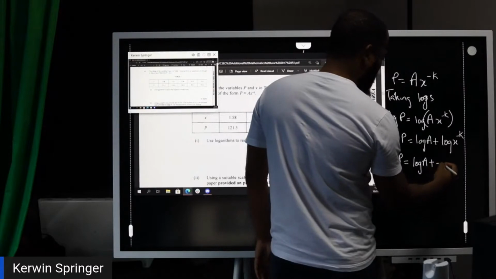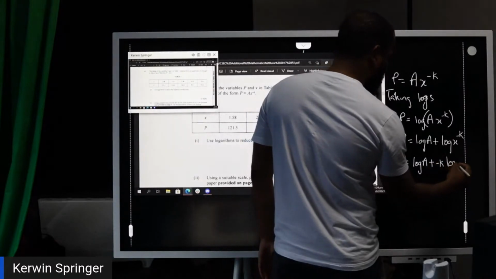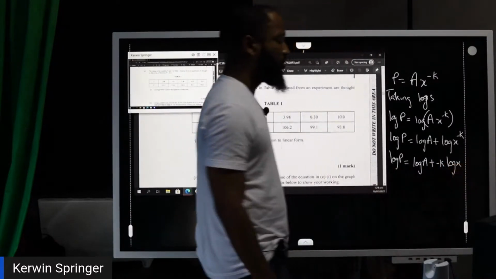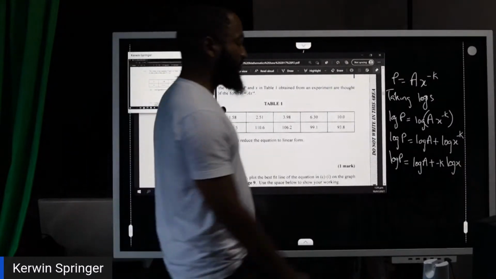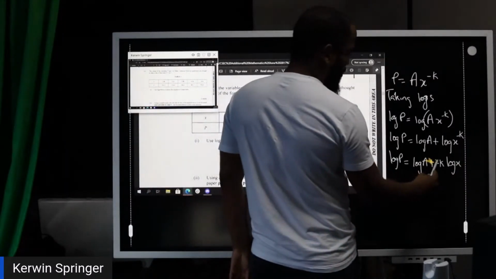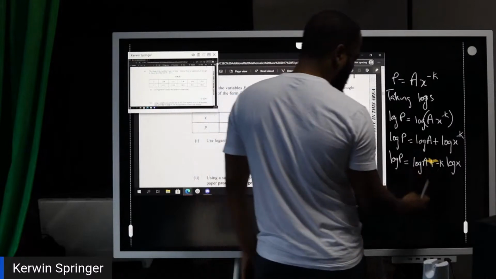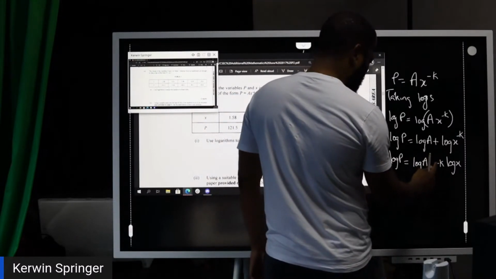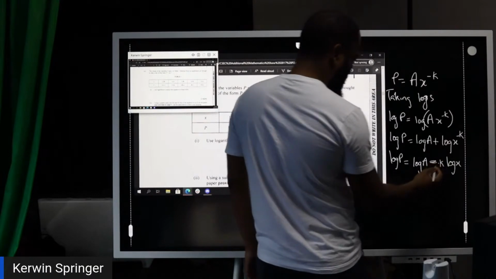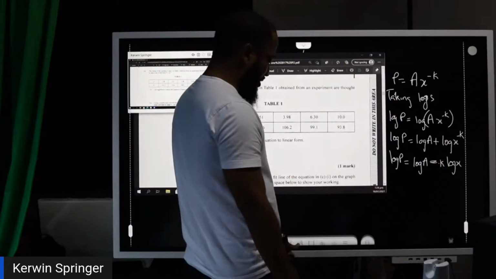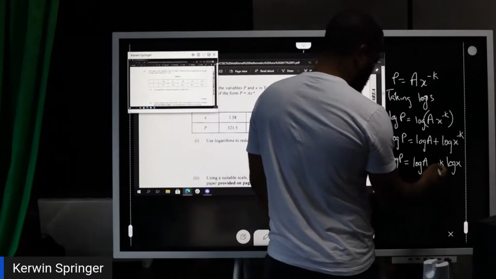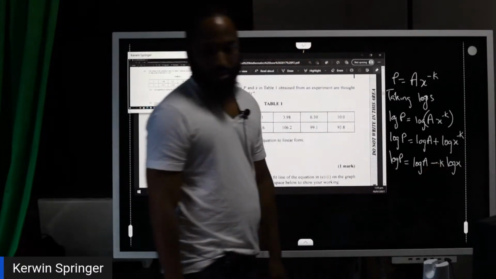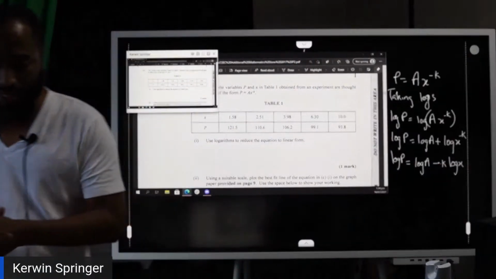I think they like to call this the power law. There you go. And because you have a plus and a minus, we could organize that and just put minus there. Minus, right? Tell me in the chat if you understand that and if everybody is cool.